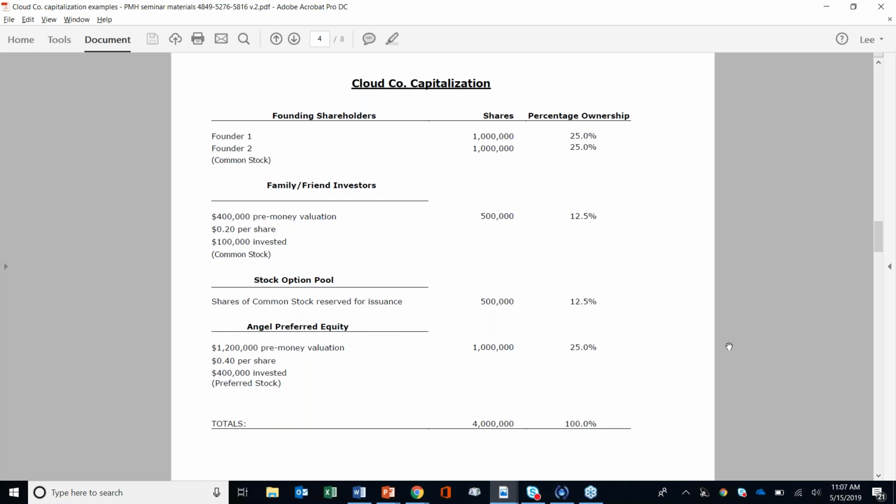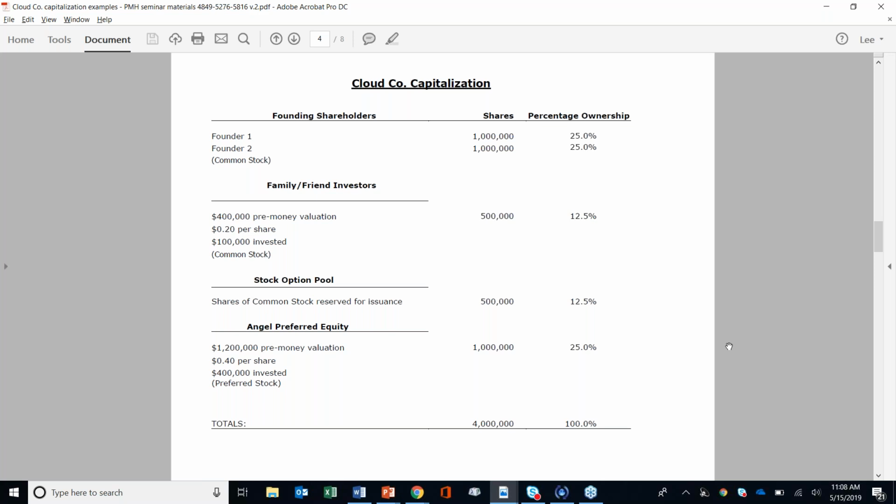Preferred stock can have many different types of rights to give it preferences over common stockholders. But the most common features that we're going to run through in the scenario today is that a preferred stockholder typically, at a minimum, gets the money that they invested back first in the event of a sale of the company.